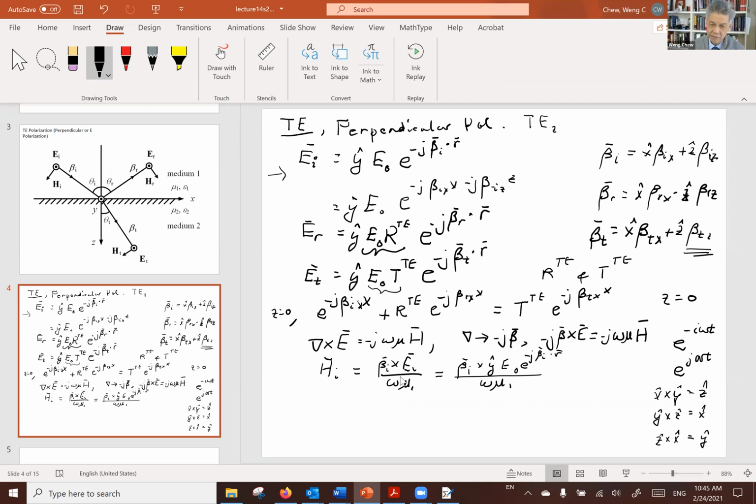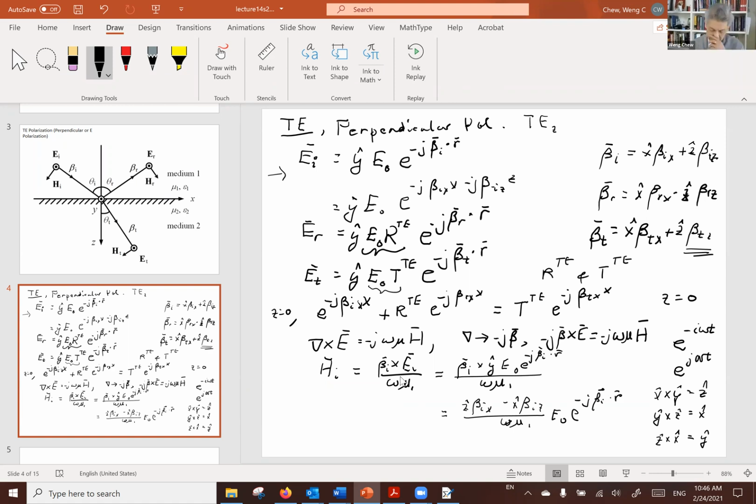You can use the distributive property of cross products and do it term by term, and then you will obtain the fact that this is actually just equal to z hat beta_ix minus x hat beta_iz over omega mu 1, E naught e to the minus j beta_I dot r.